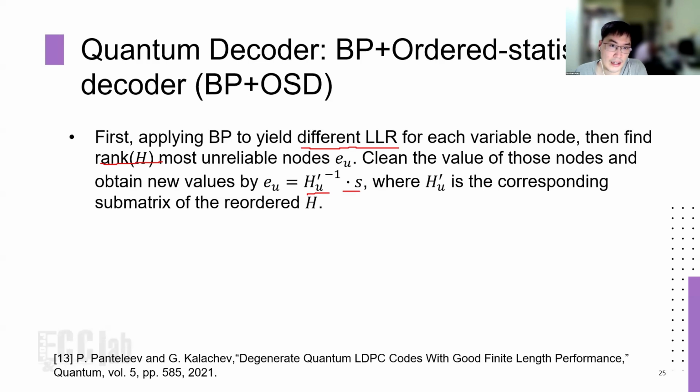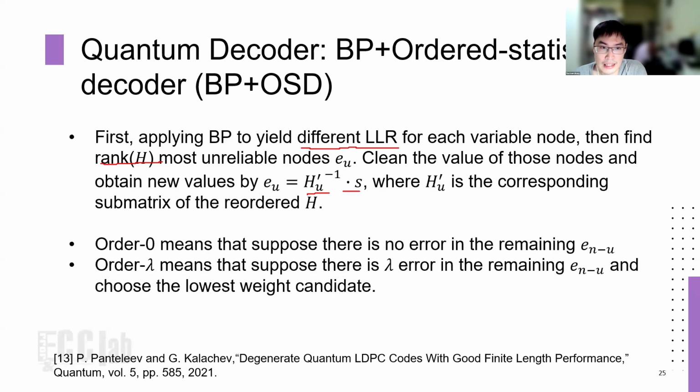So OSD has a parameter lambda. If lambda equals 0, we call it OSD 0. It means that the decoder will suppose there is no error in the remaining nodes, I think it is n minus rank H nodes.